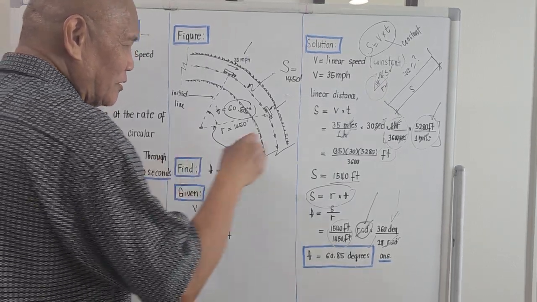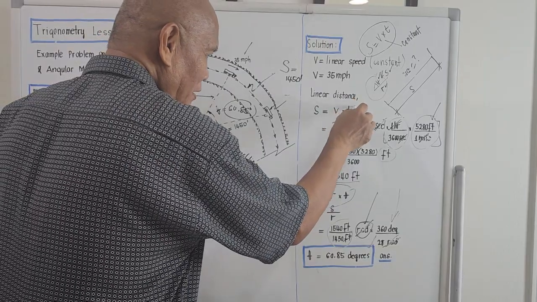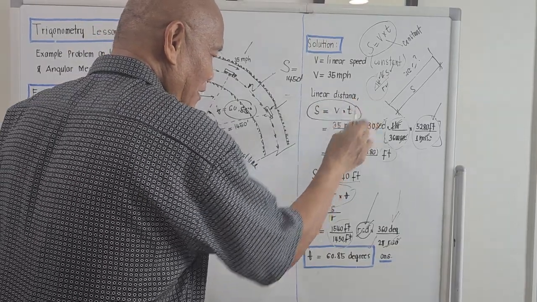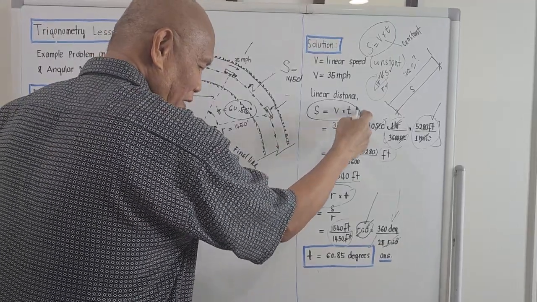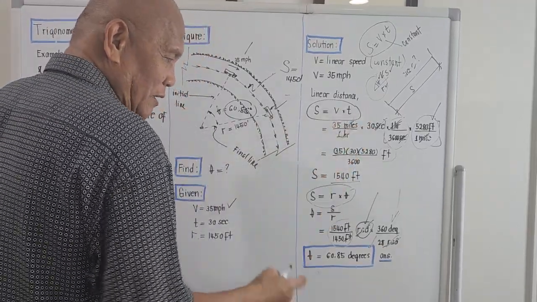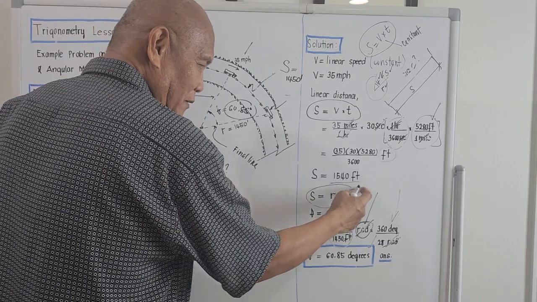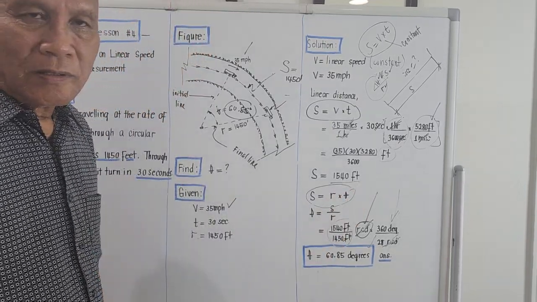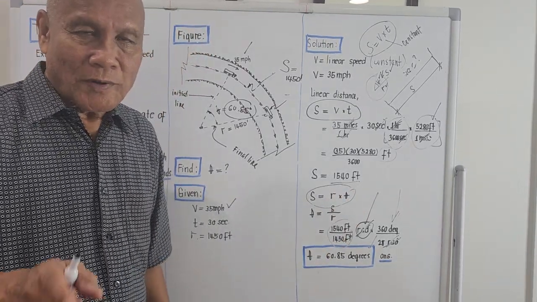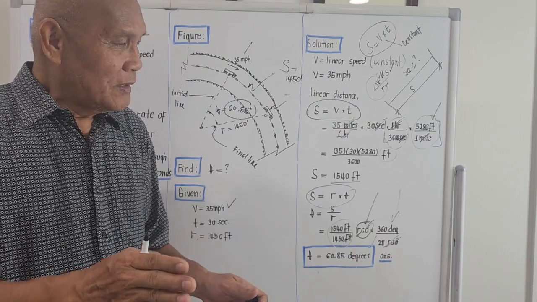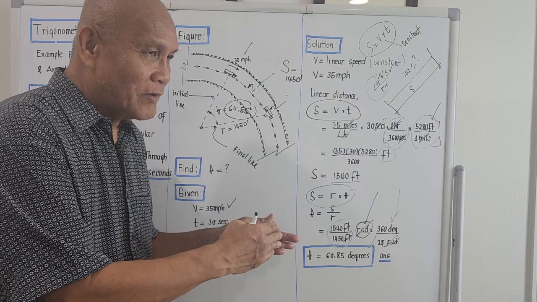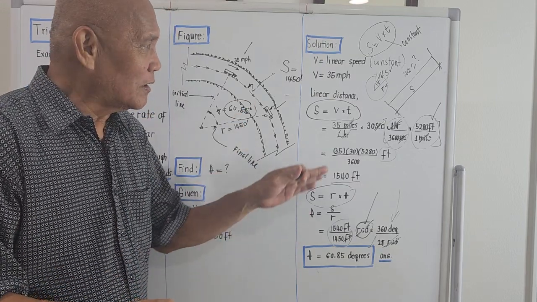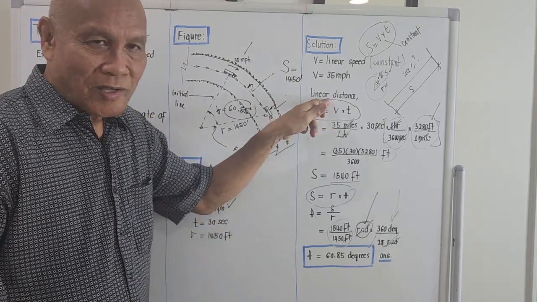That is, as an addition under the study of angular measurement, linear distance is equal to the constant speed multiplied by time. And the other formula is S equal to r theta. Okay, that's it. This is Professor David J. De Los Reyes. An example problem on angular measurement, plus our knowledge on linear distance formula.